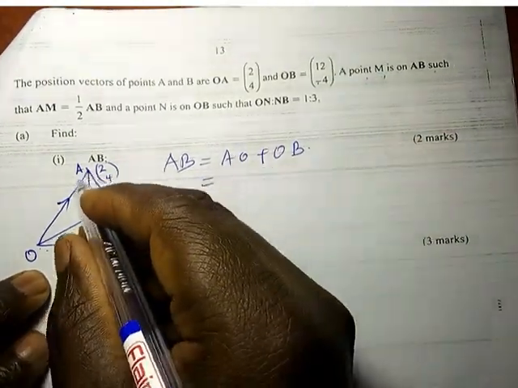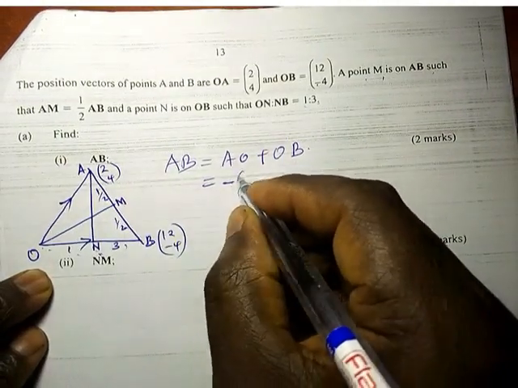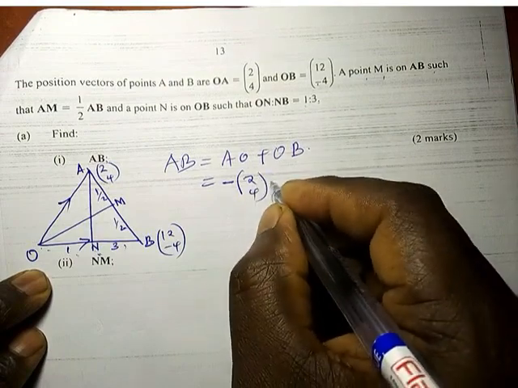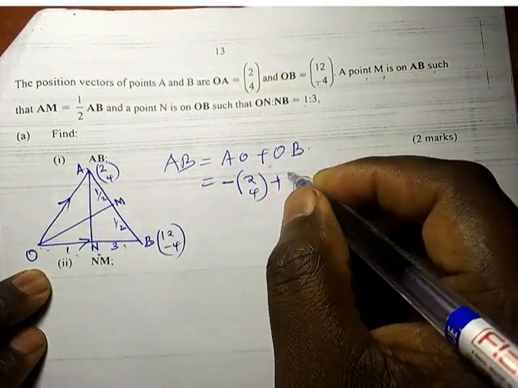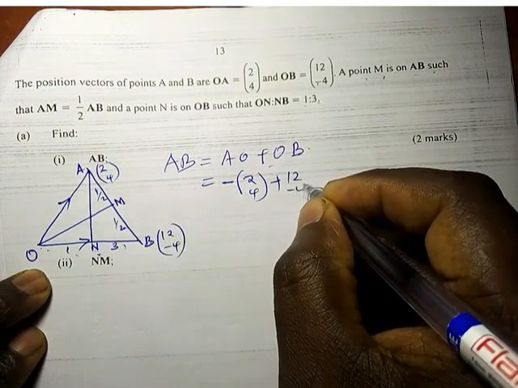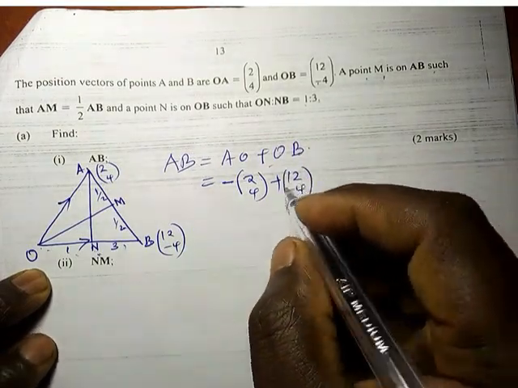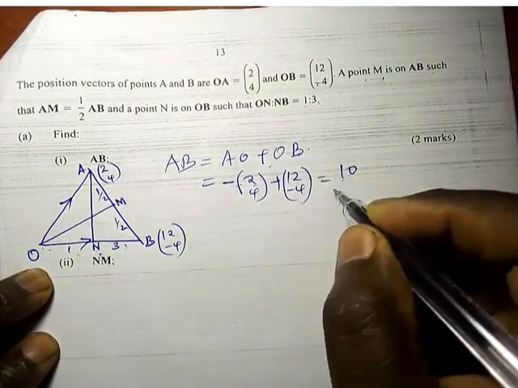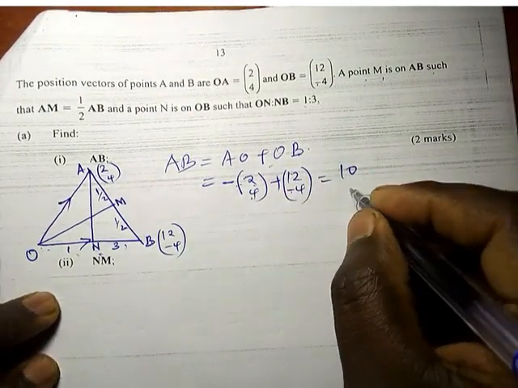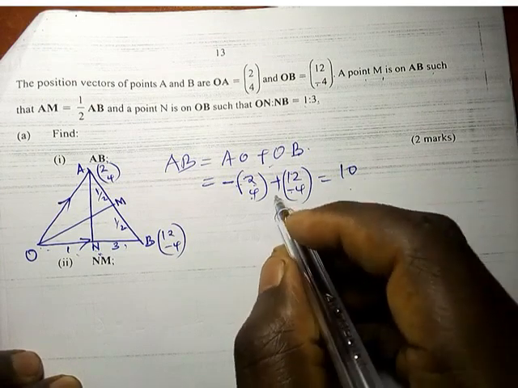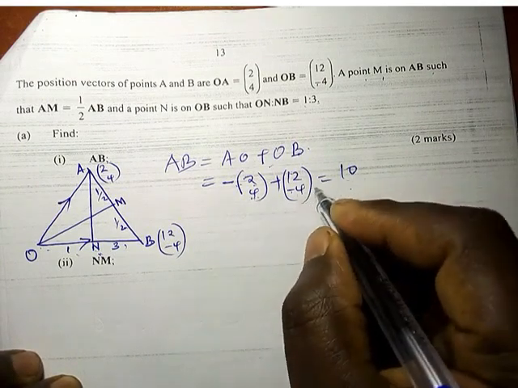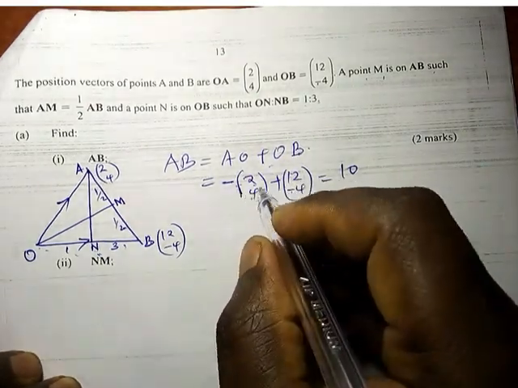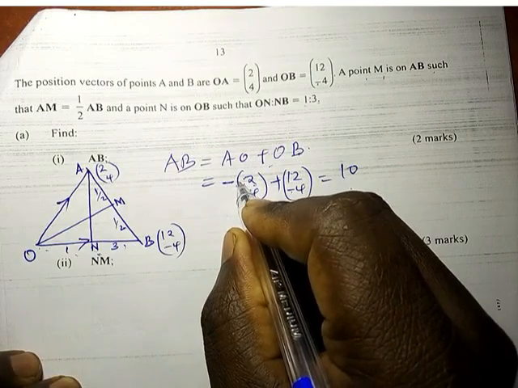And that one is, we are going to reverse. So we are going to have negative 2, 4 plus OB, which is 12, negative 4. So this minus this plus that is going to be 10. Sorry, this one is going to be negative.